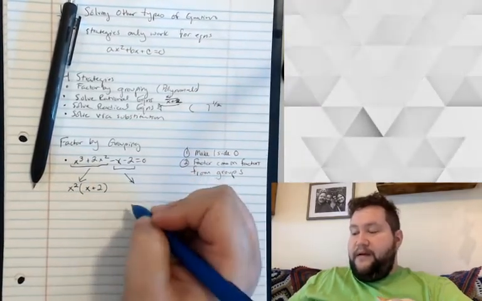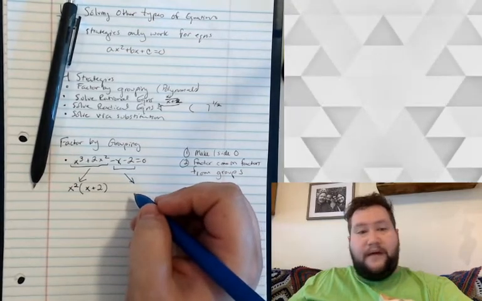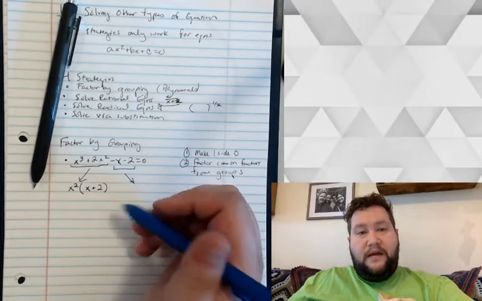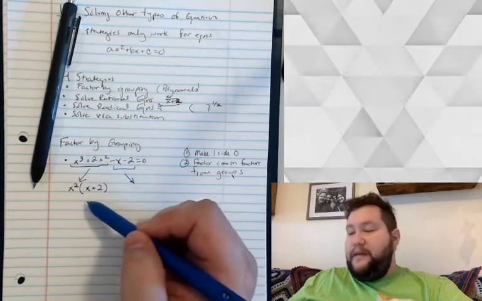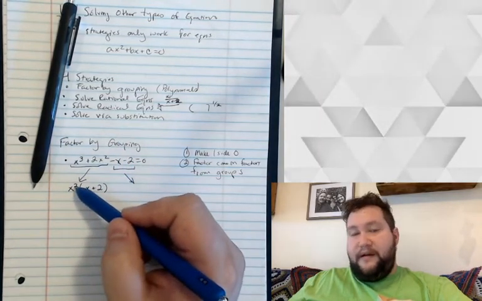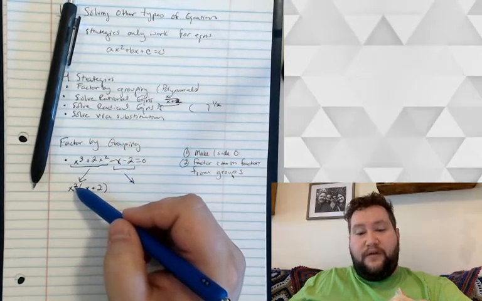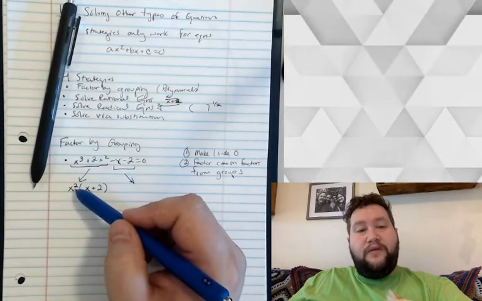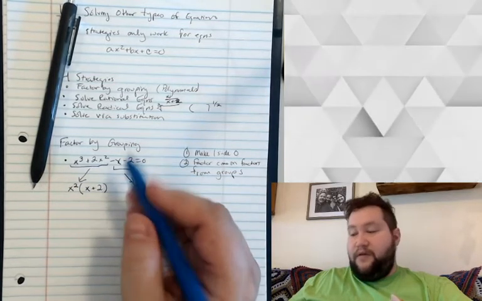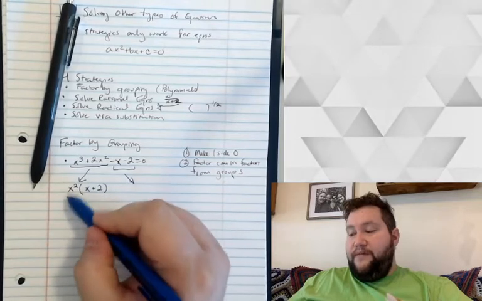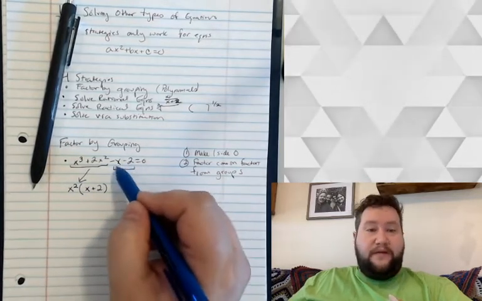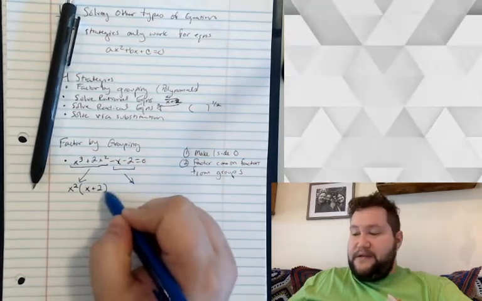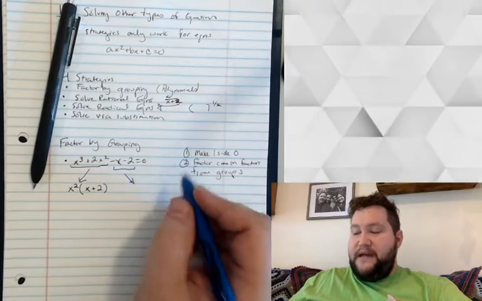And then here, this is the thing we're always going to want to look for: something that's common to both of our groups. So here, we have an x squared. Well, there's no x squared over there. Can we see an x plus 2? Well, I see minus x minus 2.